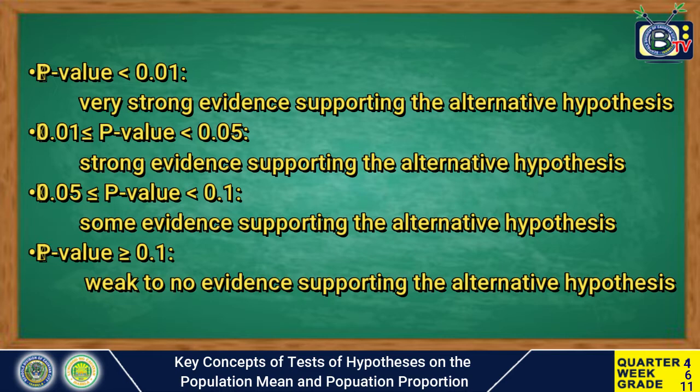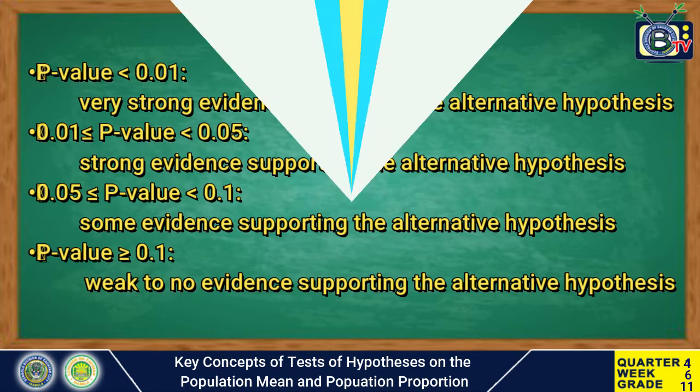Next, 0.05 less than or equal to p-value less than 0.1 means some evidence supporting the alternative hypothesis. Last, p-value greater than or equal to 0.1 means weak to no evidence supporting the alternative hypothesis.